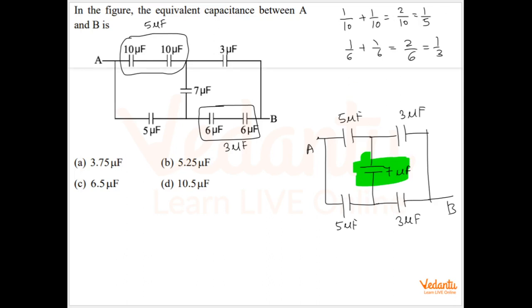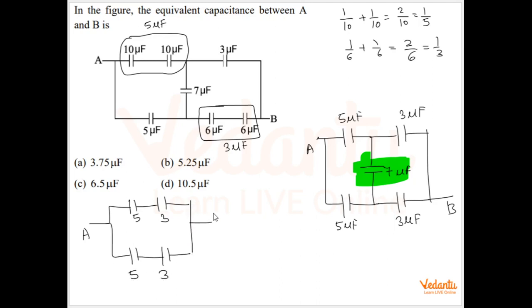So my dear bachalog, what I will get is the remaining one, A, 5, 3, and another 5, 3. Because it's a balanced Wheatstone bridge, I can remove that bridge capacitance.